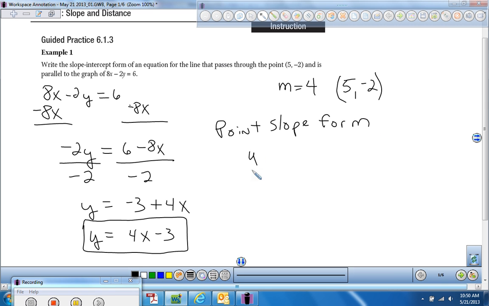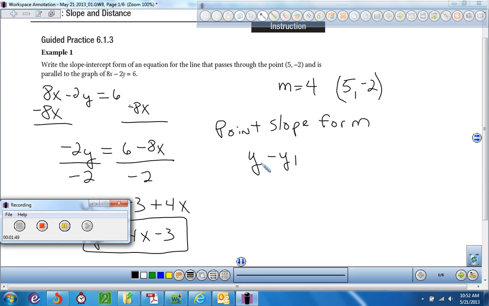So what I'm going to do is go y minus y1. Alright, so it's y minus y1 is equal to slope times x minus x1. Now in here, the y and the x without the 1s are just going to stay as variables, and what we'll do is replace this with x1 and this is y1.